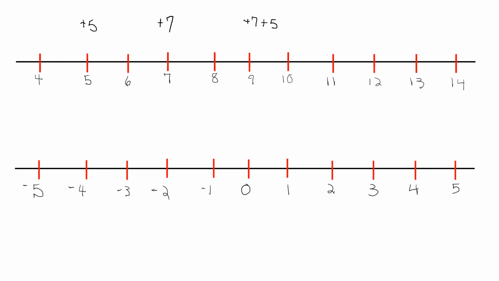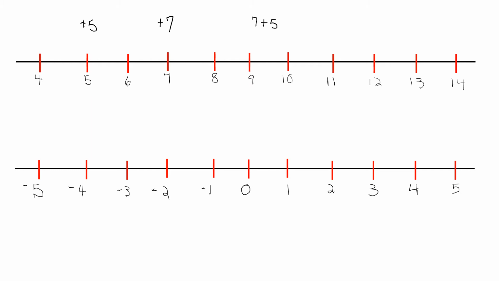But you don't have to put this sign to represent positive numbers. Sometimes it's needed, sometimes it isn't. For now, we will take it off so it doesn't confuse you.